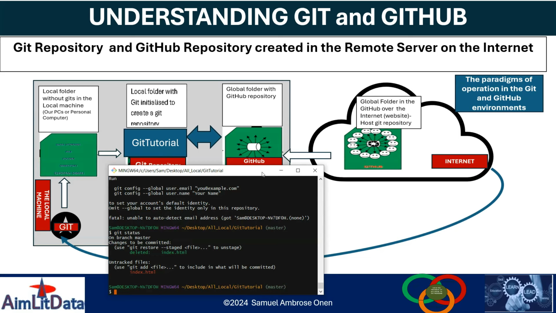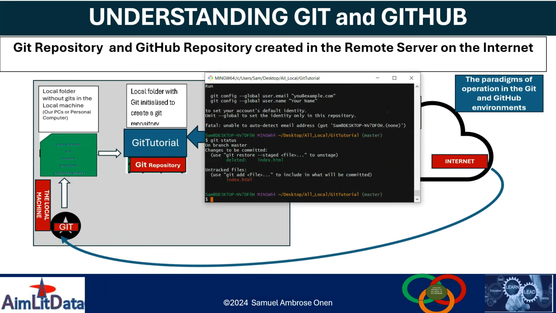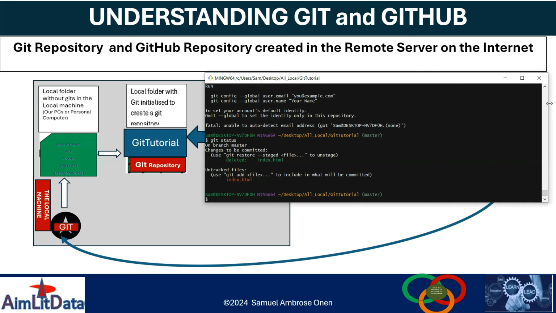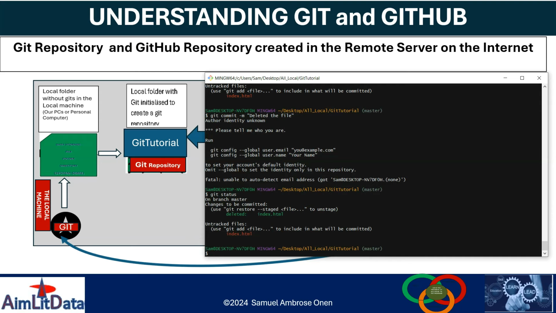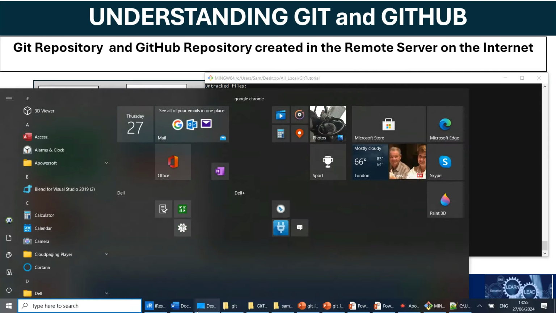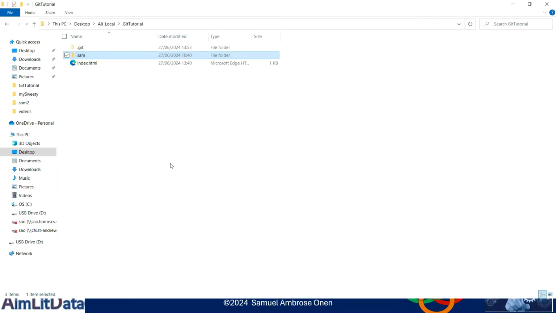We want to remove this file from this Git tutorial, because right now this file is just sitting inside our Git tutorial repository, which is in our computer here. So Git tutorial is there and the file is sitting there, but we want to clear all of them. Yeah, that's the mission for this video.